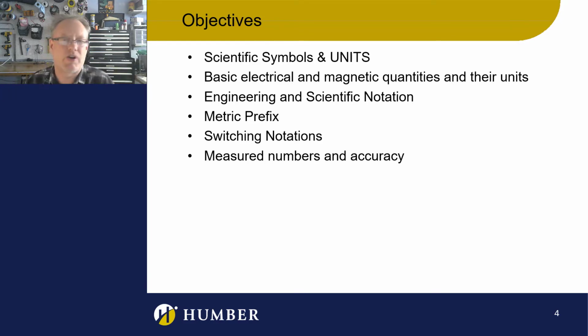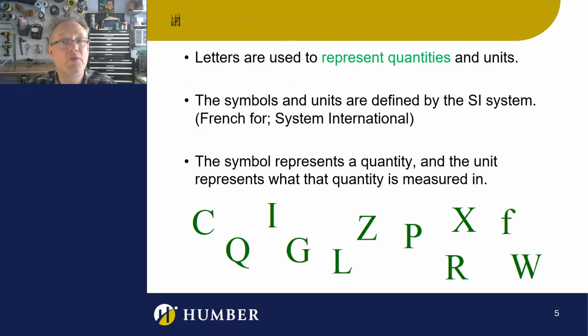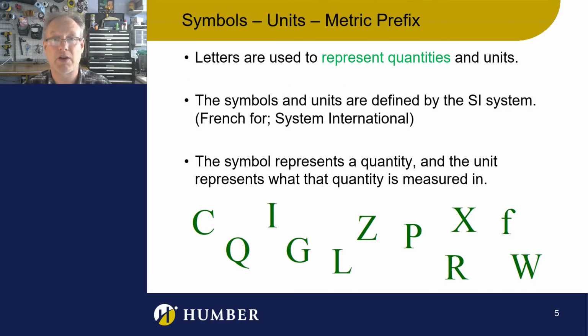Then we're going to jump right into metric prefixes and switching notations, because you really have to know how to switch from scientific to engineering, and back as well if you need to switch into scientific notation. Maybe you're studying science. That'll give you a better understanding of how these things work. And then we're going to take a look at measuring numbers and accuracy in our next PowerPoint in this week's lecture.